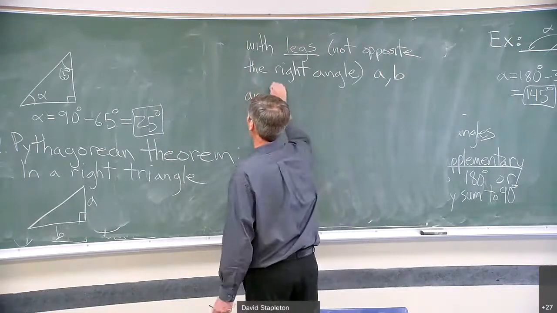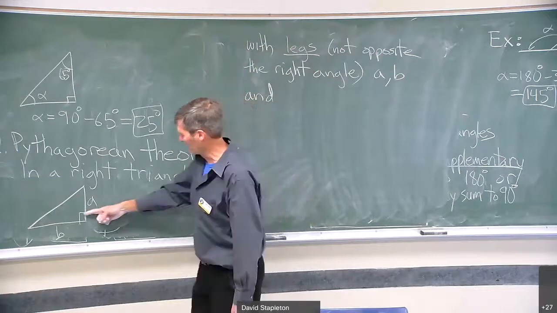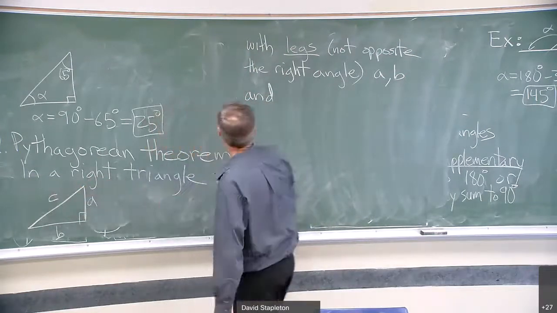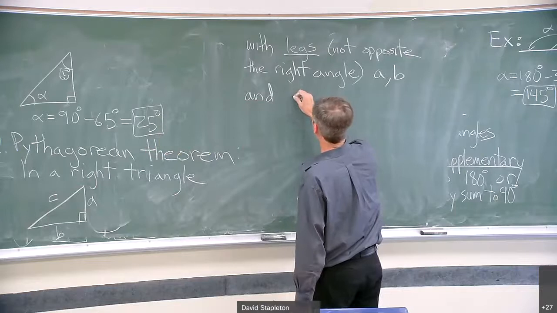And the hypotenuse is the side that is opposite the right angle, right? Over here. That'll be called C.